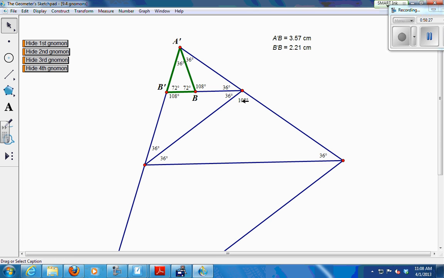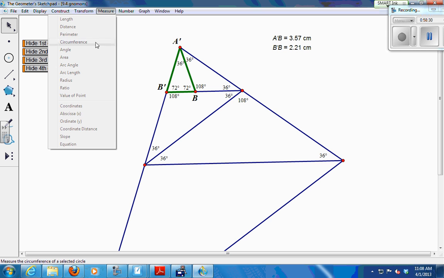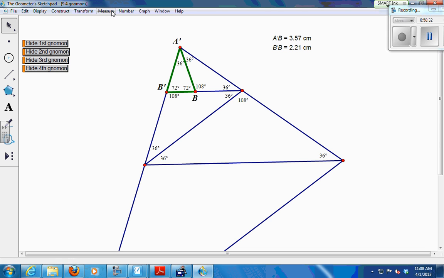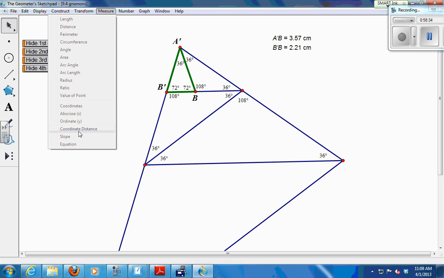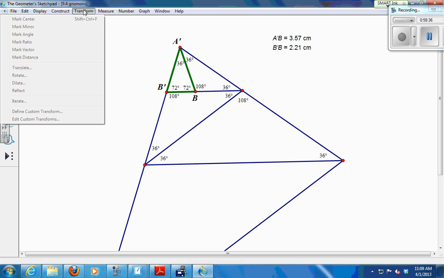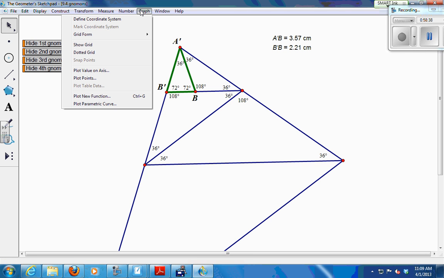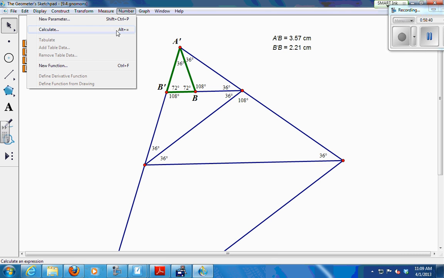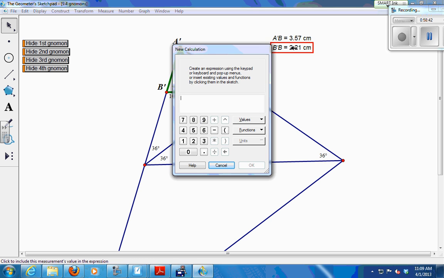It's 2.21 centimeters. Now I want to calculate the longer divided by the shorter. Ooh, 1.61803.